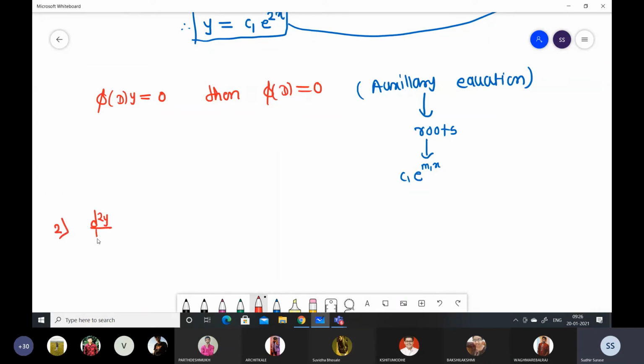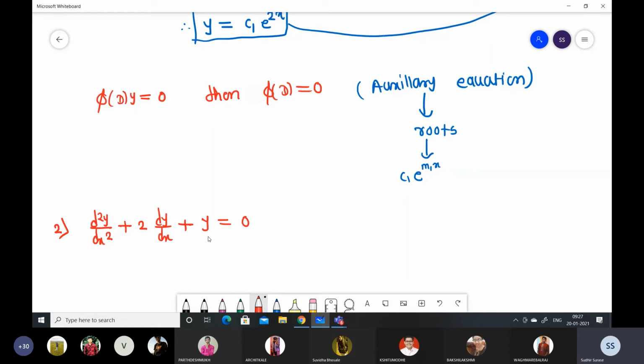d2y by dx square plus 2 times dy by dx plus y equals 0. Now what will be the roots that we have to compute?